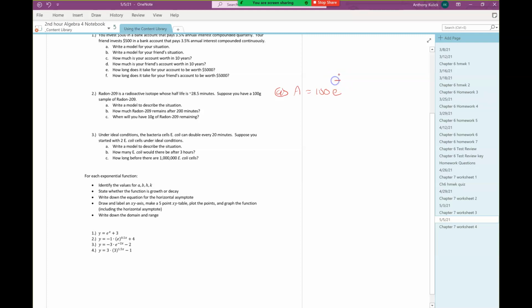Since it's decay, it's got to be negative. And if it's a half-life, half is 0.5. t, but in the case here, t is the number of half-lives. It's not just raw time.